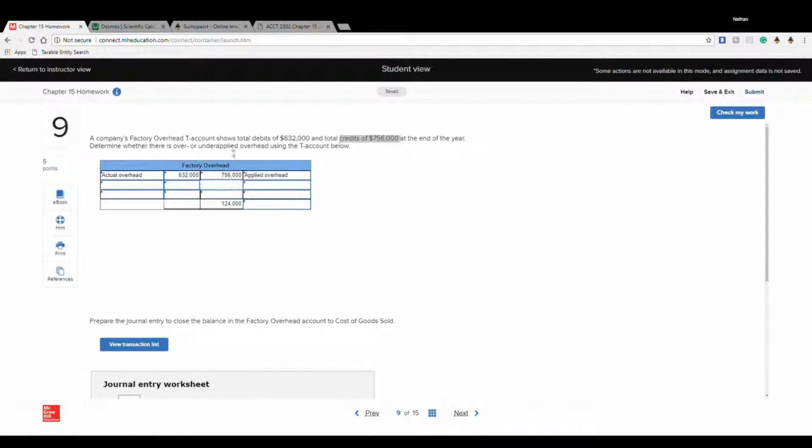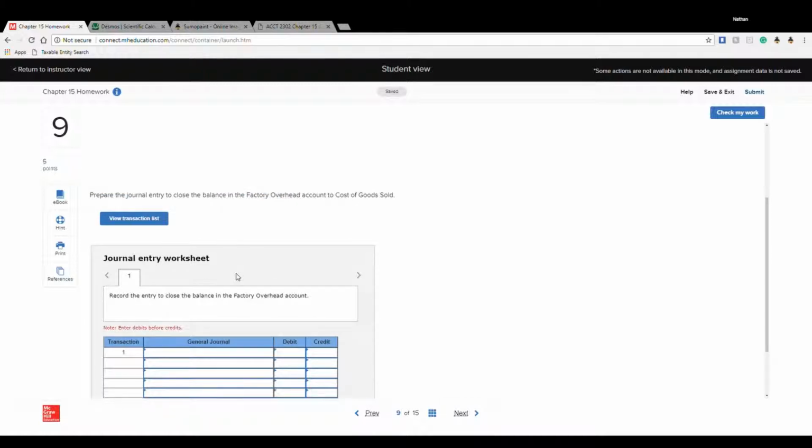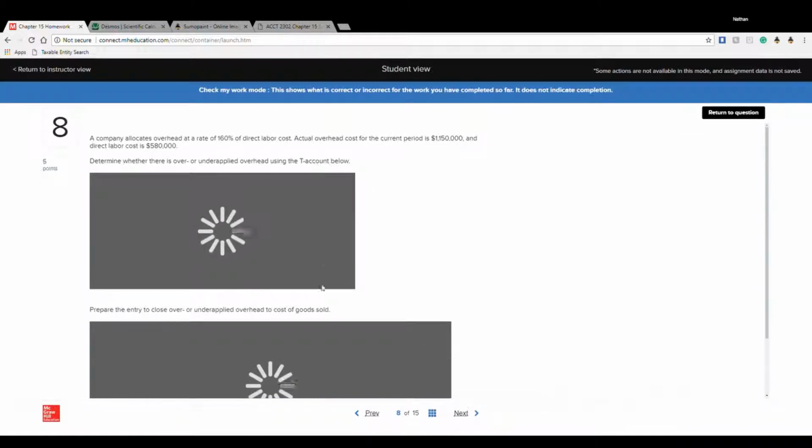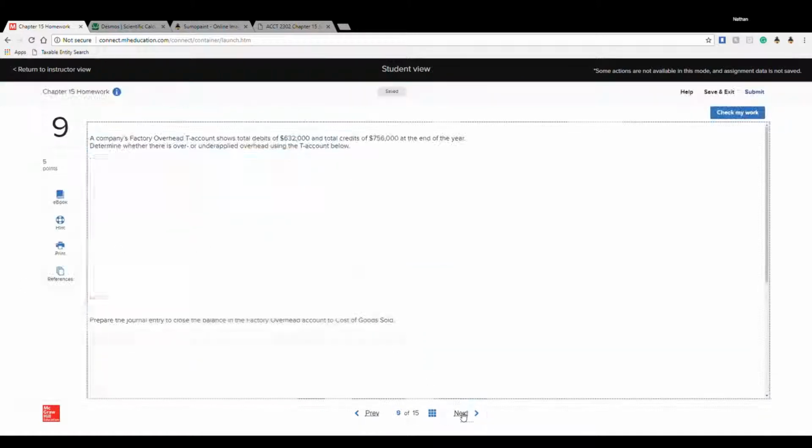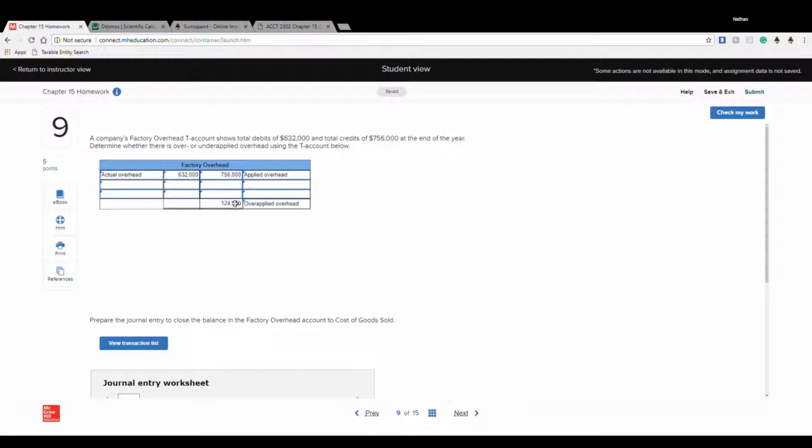So again, now I can see that my overhead, my credit is bigger. So that means we definitely over applied our estimate. Oh, wrong one. Over applied. So when we do the journal entry for here, basically it's going to look just like this journal entry, except flipped. Because now, to get this to 0, we have to debit this account.